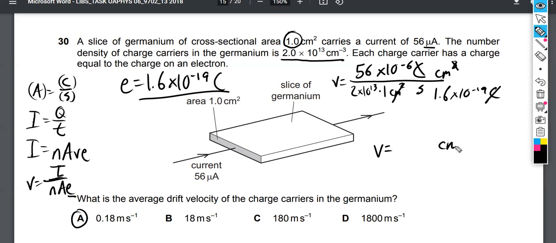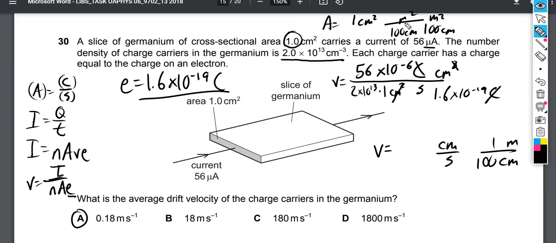And so the final step here is to convert those centimeters to meters: divide by 100 one more time. And this is what I mean. You only have to divide by 100 to convert this linear centimeter per second to meters per second. You don't have to divide by 100 twice. Let me show that real quick. If an area is 1 centimeter squared, we have to convert with 100 centimeters per meter, 100 centimeters per meter.